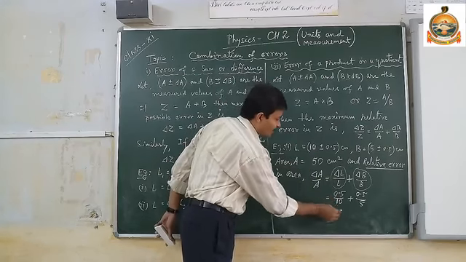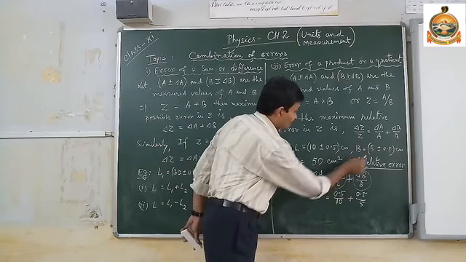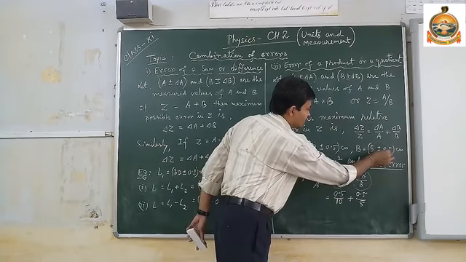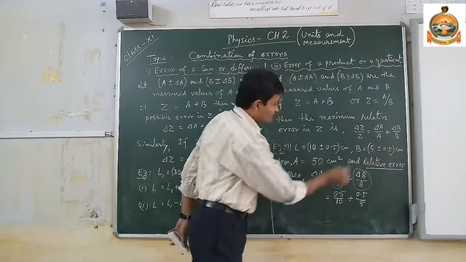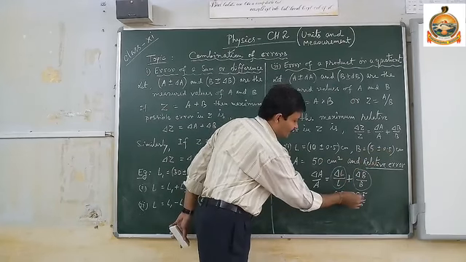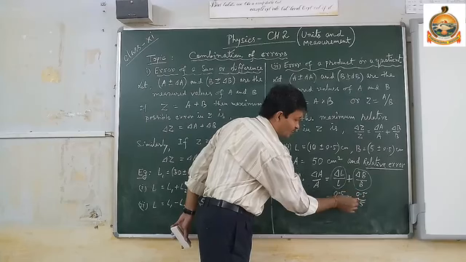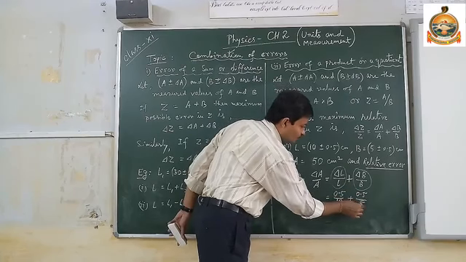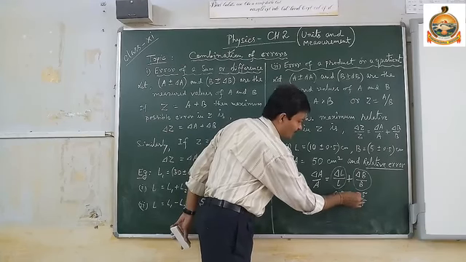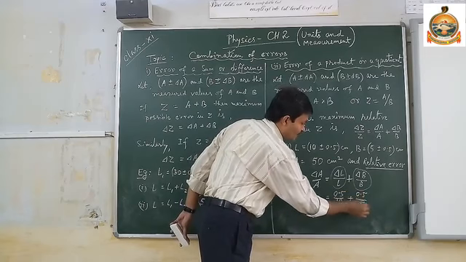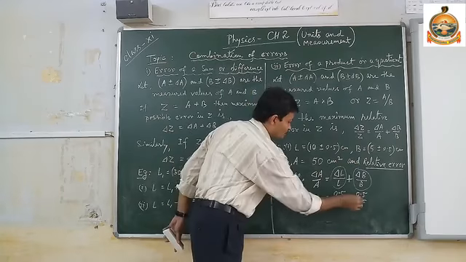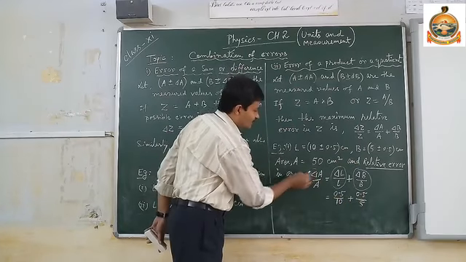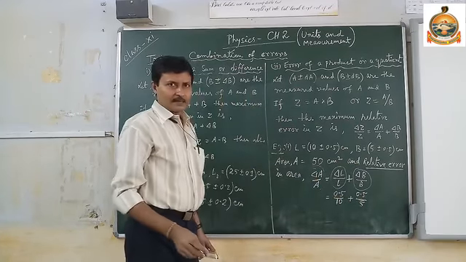So, this is the relative error of length. For breadth, delta A mean is equal to 0.5 and A mean is equal to 5, that means the true value is 5. So, divide the mean absolute error by the true value, and you will get the relative error of breadth. Adding these two relative errors, we shall get the relative error of area. Okay, thank you.